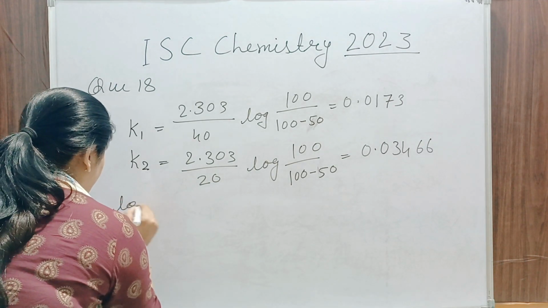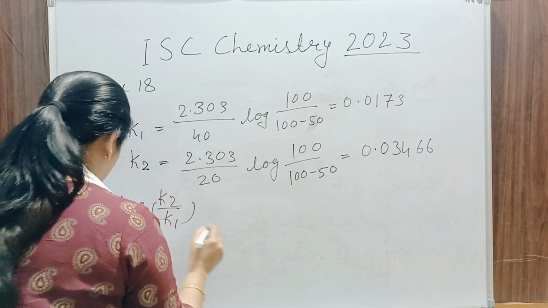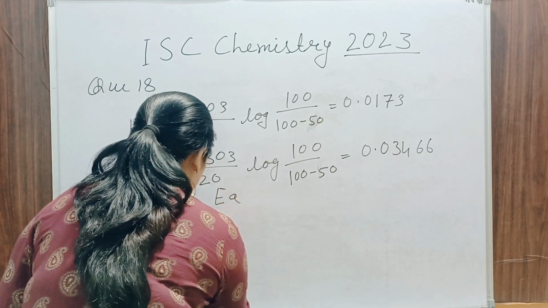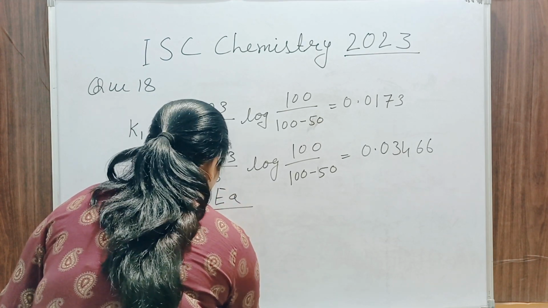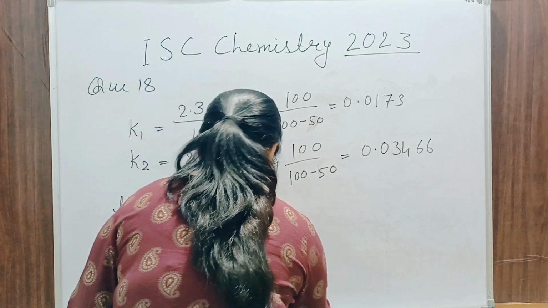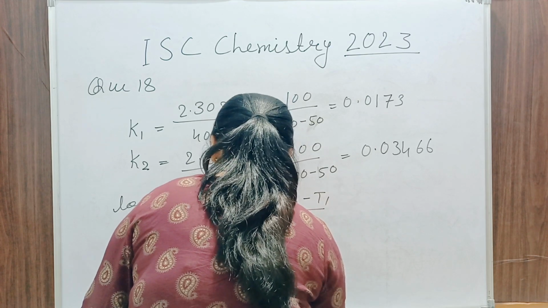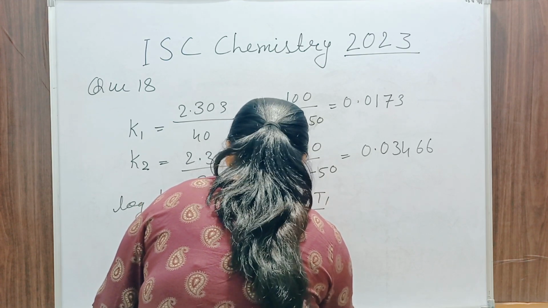Then next step, log K2 upon K1 equals Ea upon 2.303 R times T2 minus T1 upon T1 into T2.